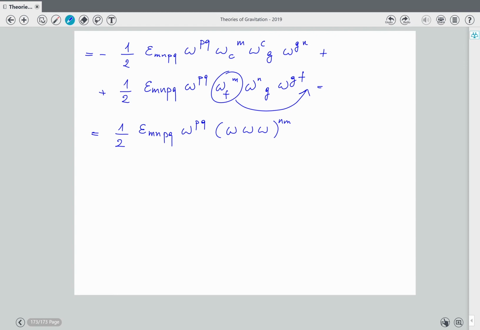NG, GF, FM, this is in order, so it gives NM. But the first one, you see, you have CG, GN. Here, you have to exchange those two indices to have MC. And then you have MC, that's a minus sign.